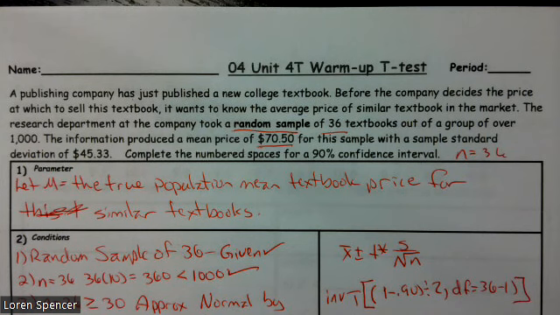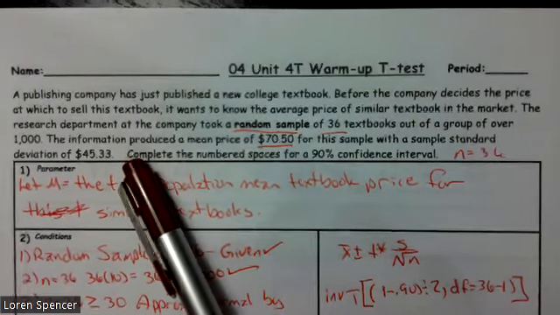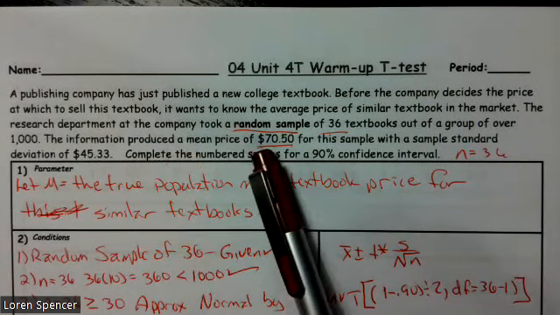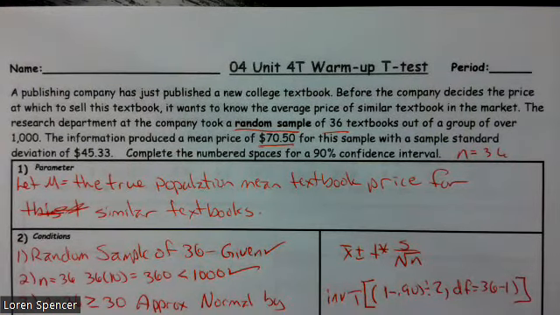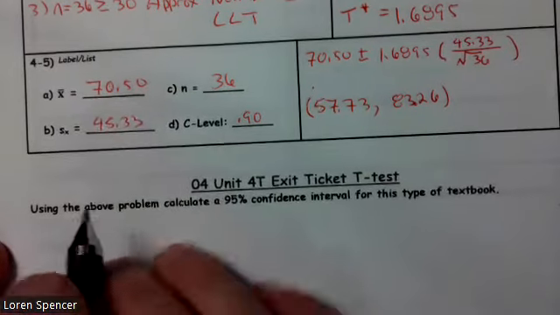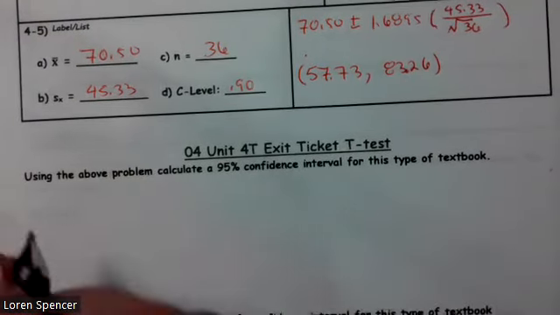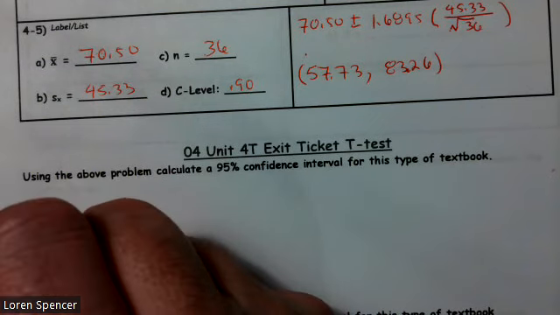The research department at the company took a random sample of 36 textbooks from a group of over 1,000. The information produced a mean price of $70.50 for this sample, with a sample standard deviation of 45.33. Complete the numbered spaces. So we're buying textbooks and we're trying to establish a 95% confidence interval.